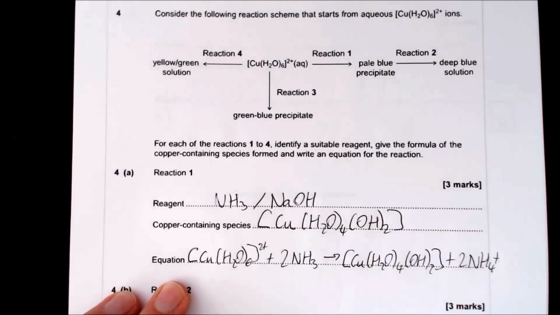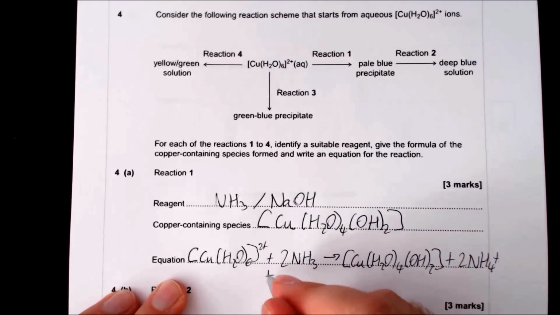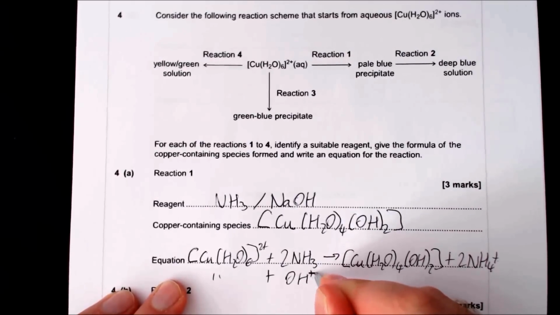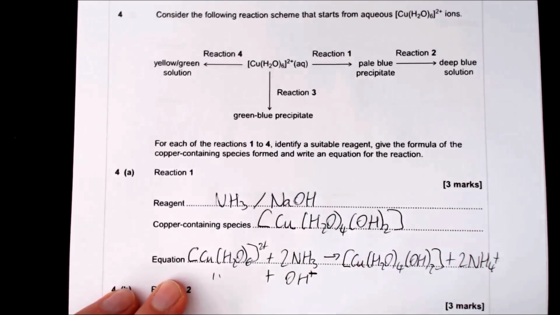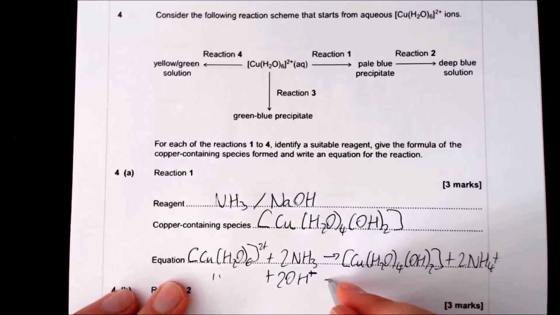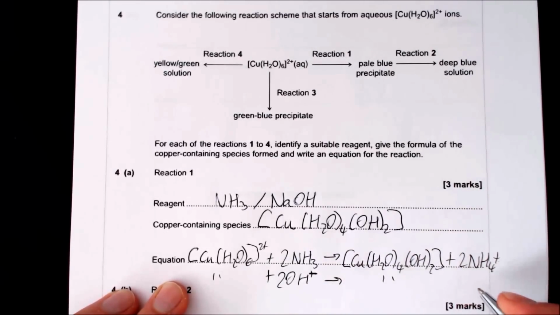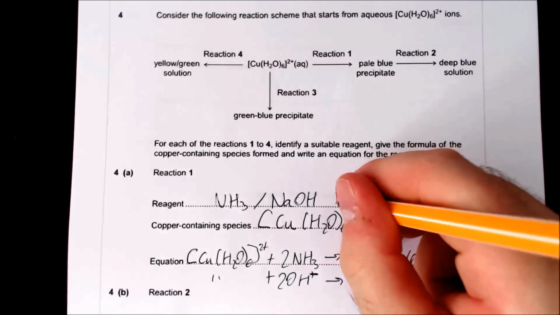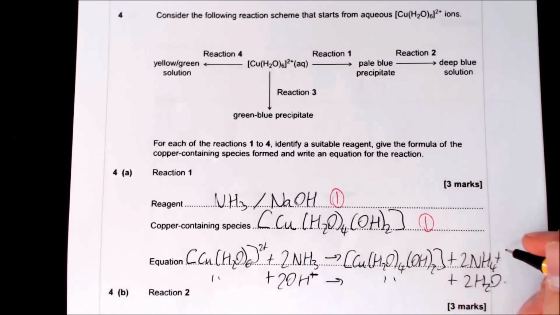So there's your equation. Now, if you put hydroxide, it would just be the same with OH- which goes along there. We need 2 of them as well, and we obviously form the same product, and instead here we'll form 2 lots of H2O. So either one of them, and you get a mark for each. So 1 for reagent, 1 for species, and 1 for equation.